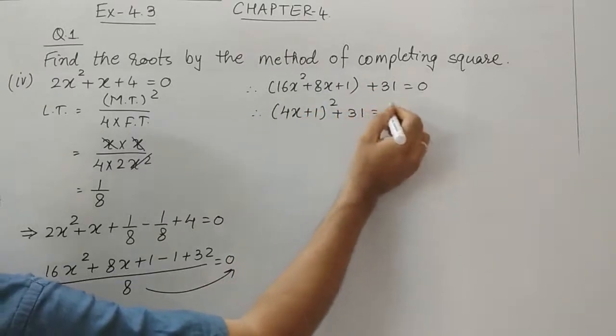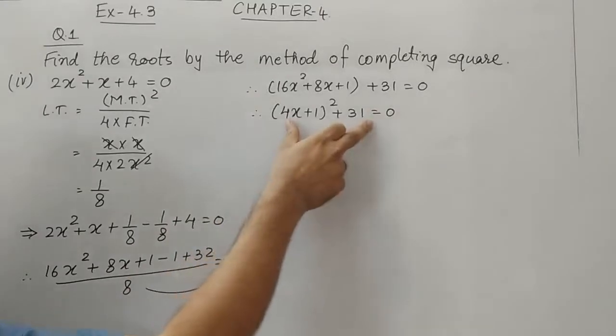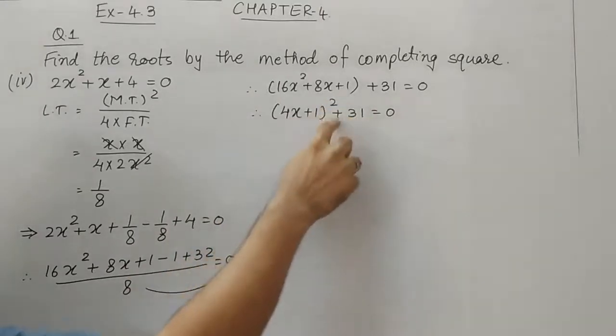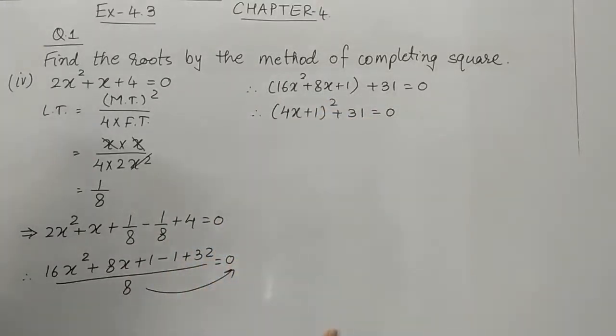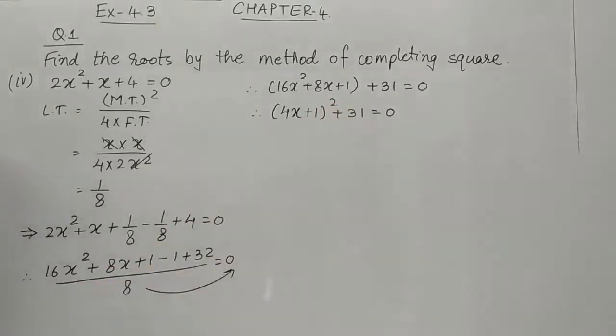Now remember students, here we can see that it won't be in the form of a square minus b square. It is in the form of a square plus b square.